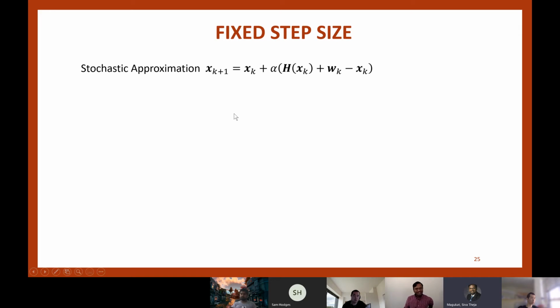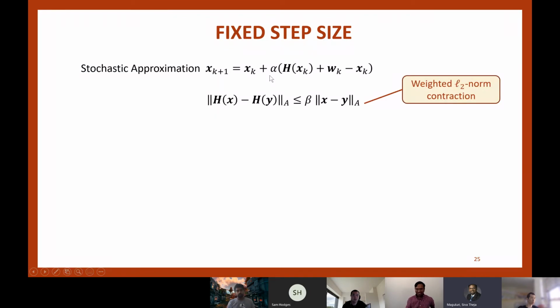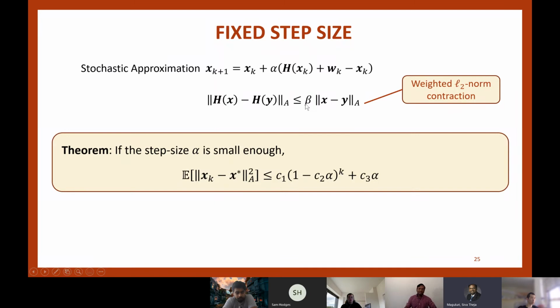The first one is a stochastic approximation, but I'm assuming that the step size is fixed. It's constant. It's not depending on time k. In the next slide, I'll present the case when alpha k, the step size, depends on k. And H is a contraction with respect to an inner product norm, a weighted L2 norm, and the contraction factor is beta. The step size should be picked carefully, it should be small enough.